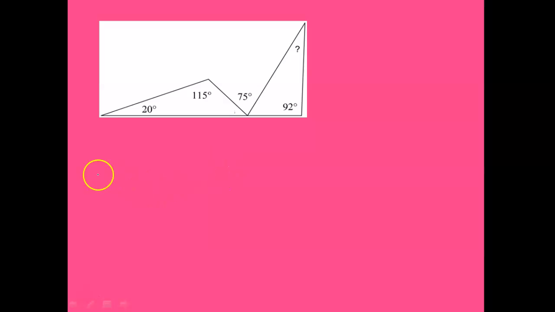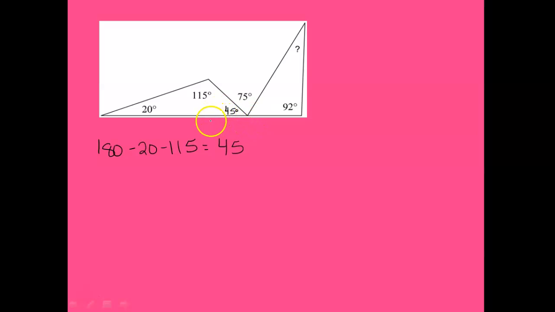So I have 180 minus 20 minus 115. And that's 45. So I have 45 degrees here.